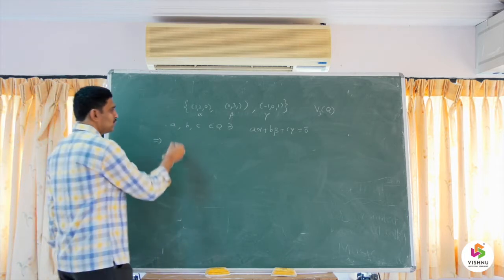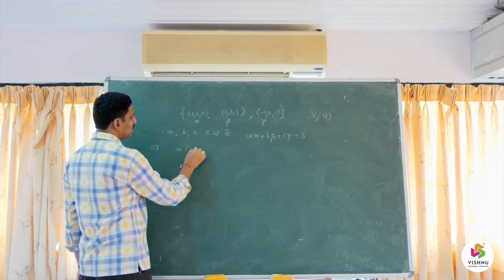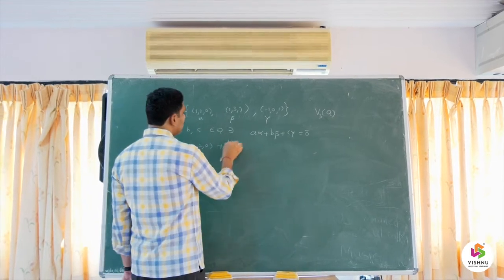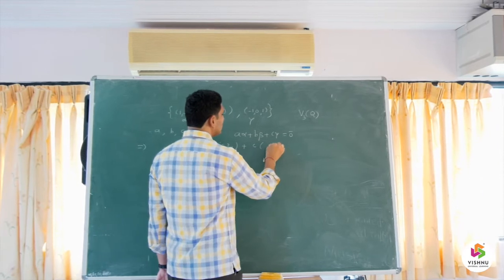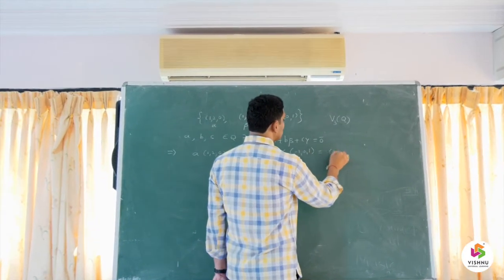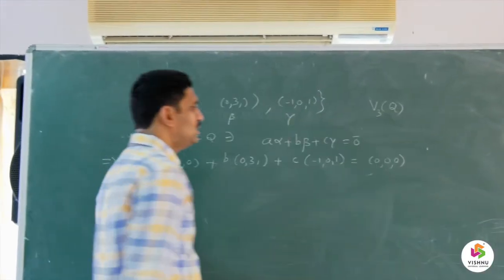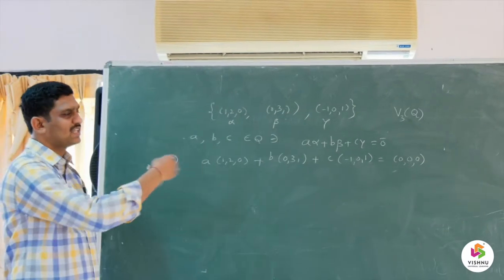Now substitute in the values here. This is A into (1, 2, 0) plus B into (0, 3, 1) plus C into (-1, 0, 1) equal to (0, 0, 0). So here 0 bar stands for the 0 vector, which has 3 coordinates.